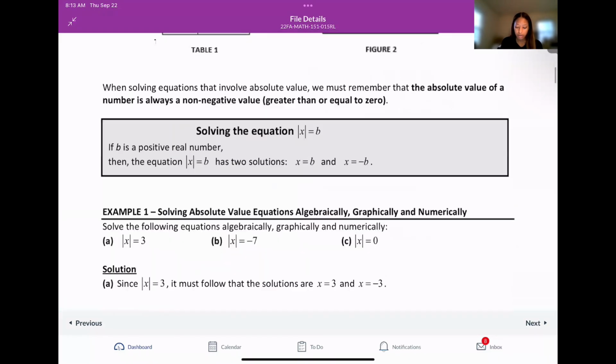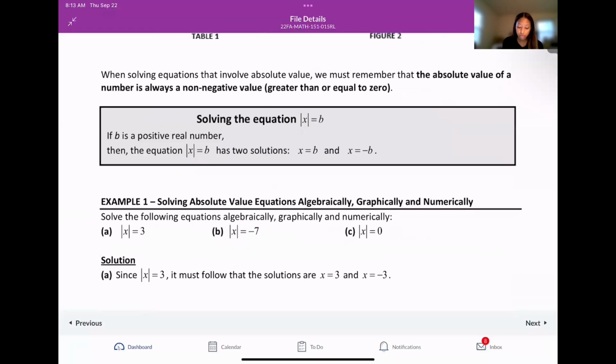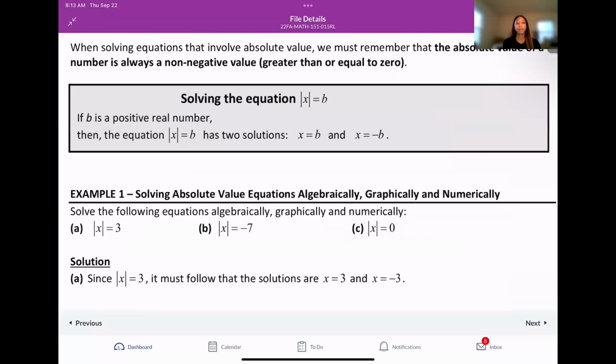And then I'm going to just jump down to this section. How do we solve an absolute value problem? So with absolute values, we end up with two cases. Depending on if the expression inside of the absolute values gives us something positive or negative, we have two different things going on.